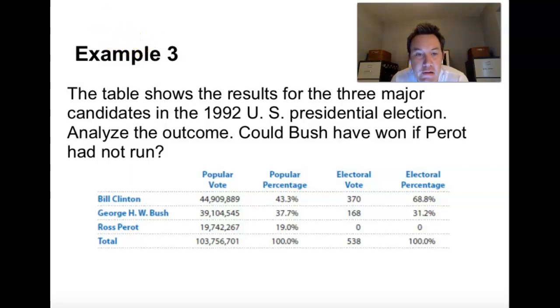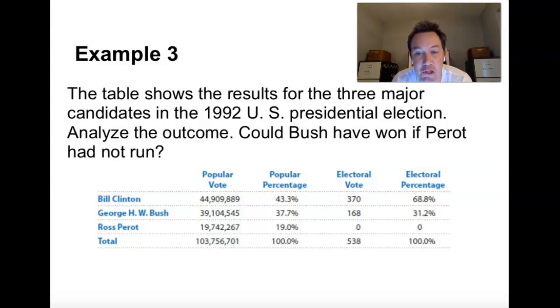Okay, we're going to look at another table showing the results from 3 major candidates in the 1992 U.S. presidential election, and we'll analyze the outcome. So Ross Perot was famous for being the independent to get the most popular vote in any presidential election. And so he really divided the undecided voters, pulled them away from Clinton and Bush.